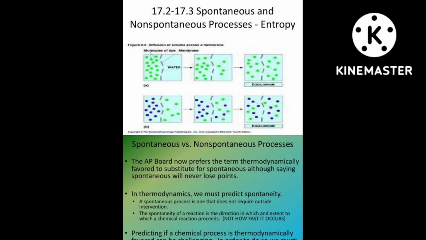Let us first understand what we mean by a spontaneous reaction or change. See, you may think by your common observation that a spontaneous reaction is one which occurs immediately when contact is made between the reactants.